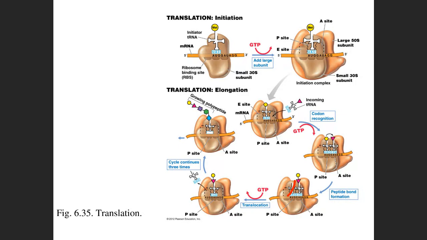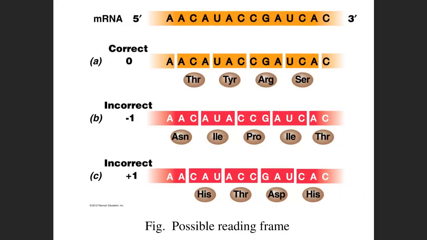The way you best think about this is the ribosome traveling along the mRNA, and each time it moves, it requires 2 GTP. So it requires 2 GTP to incorporate one amino acid. And so this is how it translates.